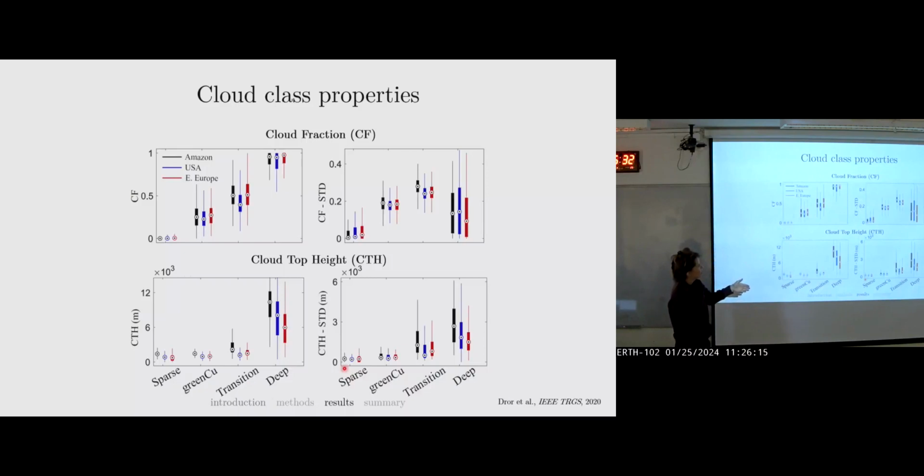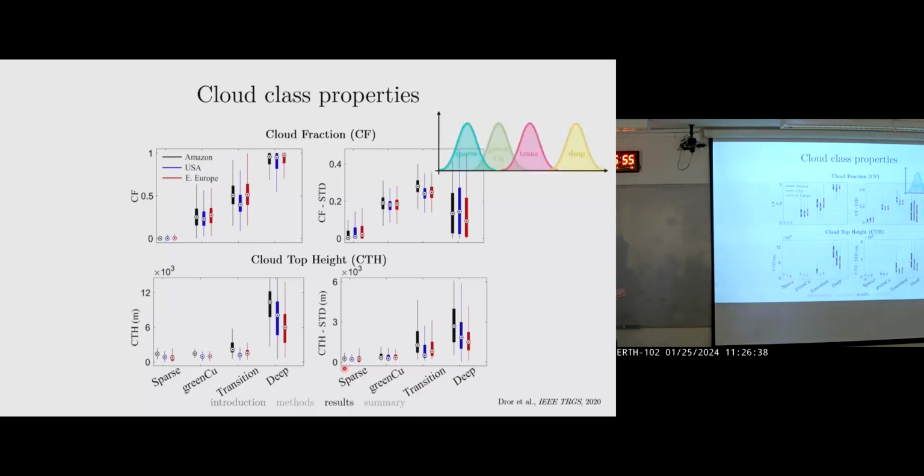The left column corresponds to these actual properties, and the right column corresponds to the standard deviation of these properties, which are also a MODIS product. It's not something that we calculate. And we have the distributions of the different cloud classes ranging on the x-axis, and the different colors correspond to the different regions. So a couple of things to say about this.